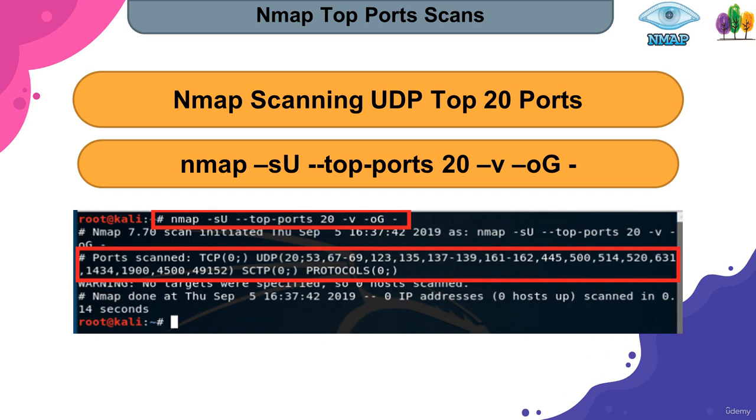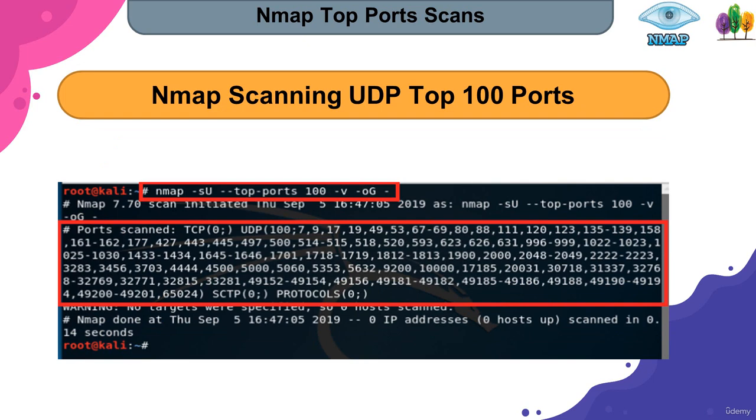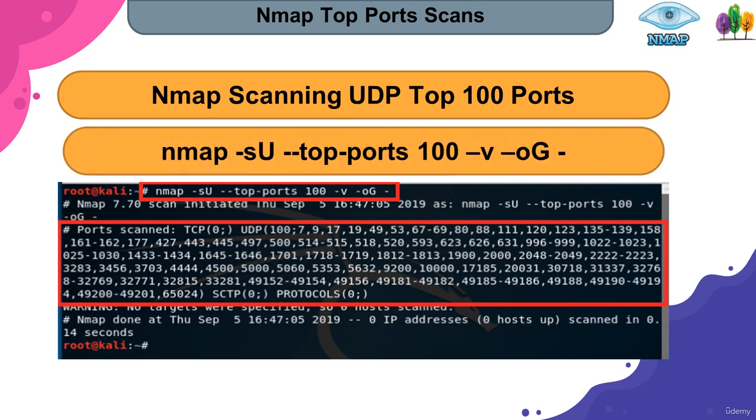The -oG parameter specifies that the scan result will be in greppable mode, so only the port list will be displayed. Similarly, if you want to see the top 100 ports, we'll write nmap -sU --top-ports 100 -v -oG -. And if you want to see the top 1,000 ports, we'll write nmap -sU -v -oG -.